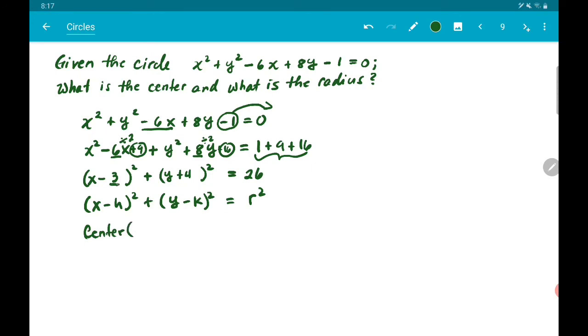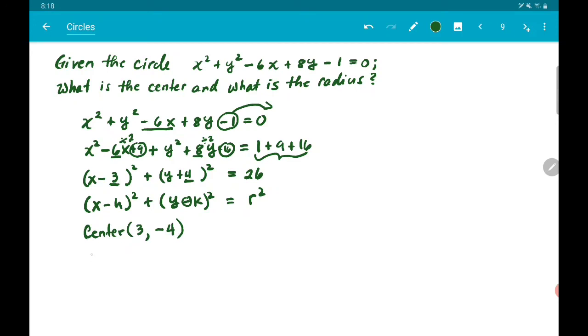Our h is positive 3. Our k: you have a negative here, but positive there, so minus negative is positive, meaning it's going to be negative 4. So the center is (3, −4).